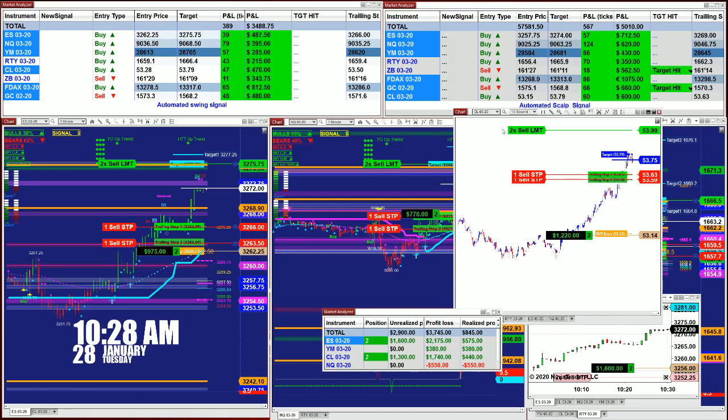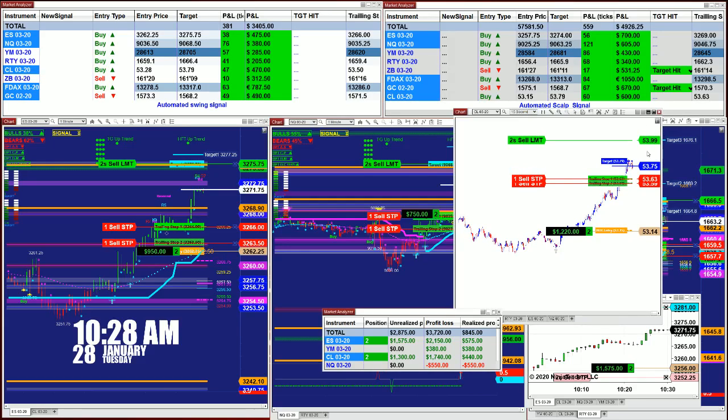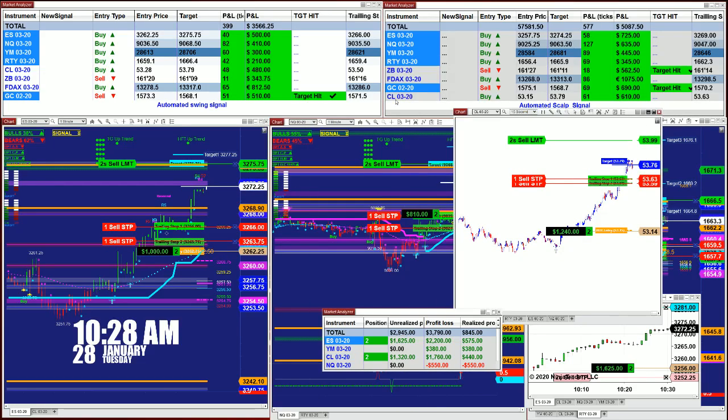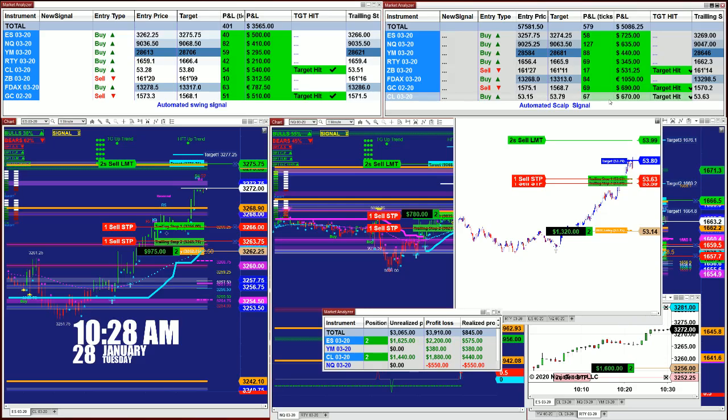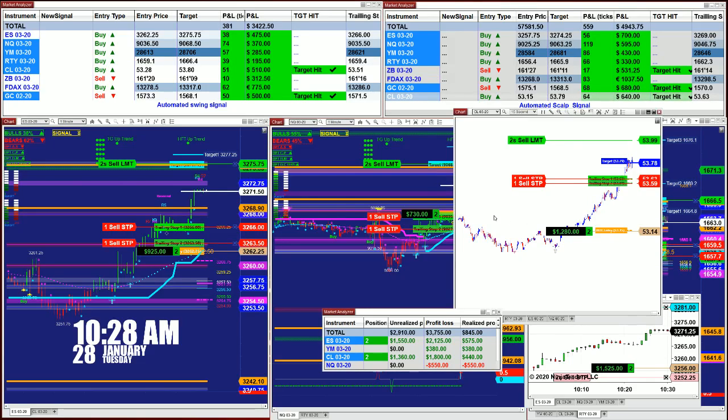So if we look at the CL here, I have two contracts. It is 61 ticks based on the last entry signal, and this is it. And when you have two contracts, it's 1,300.